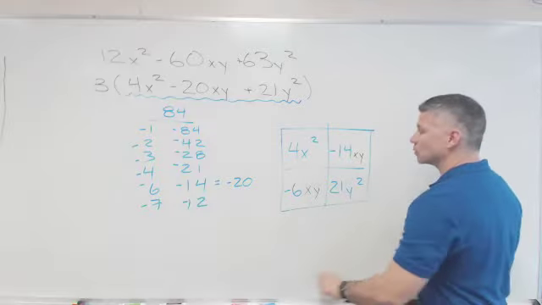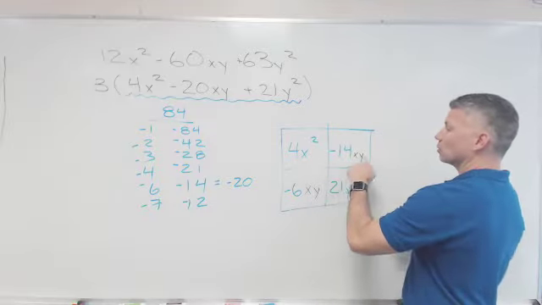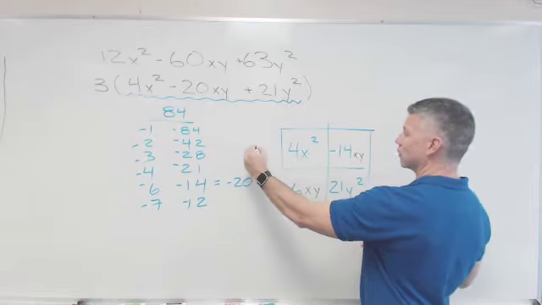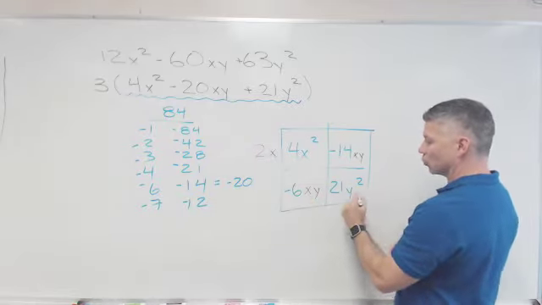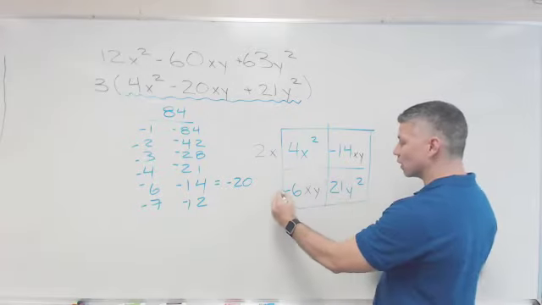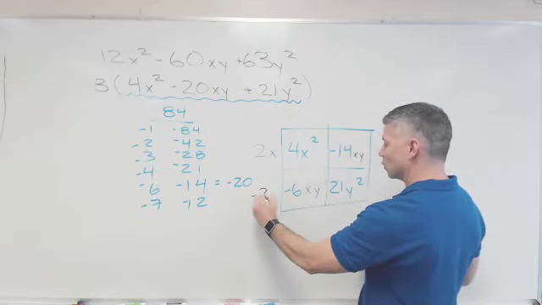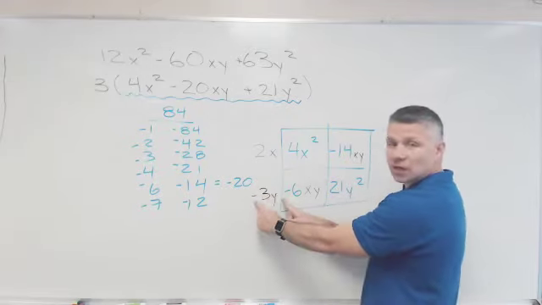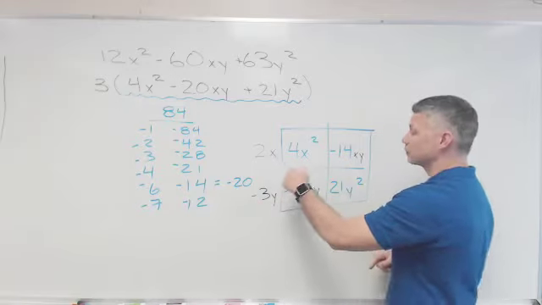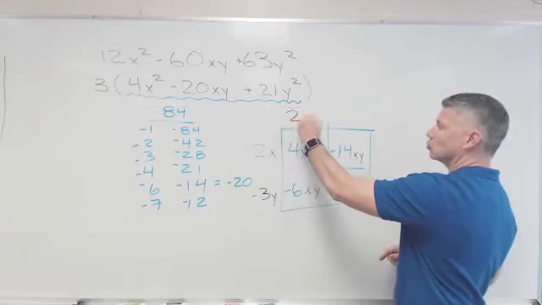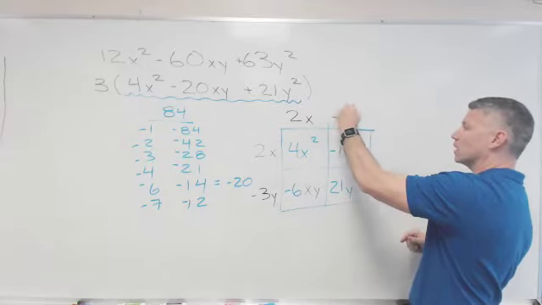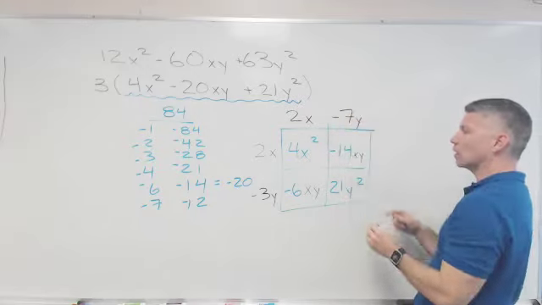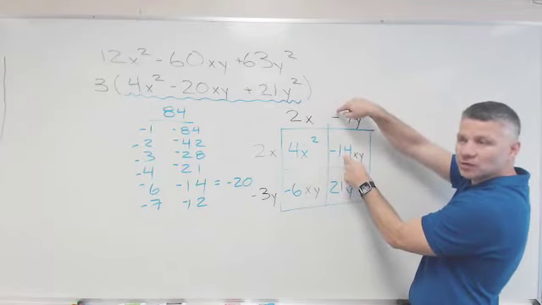Let's do GCFs. I'll do a different color. Top row, GCF 2x. Bottom row, GCF negative 3y. Signs have to be the same. Left column, 2x. Right column, negative 7y. Signs have to be the same.